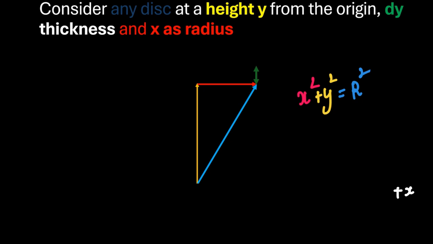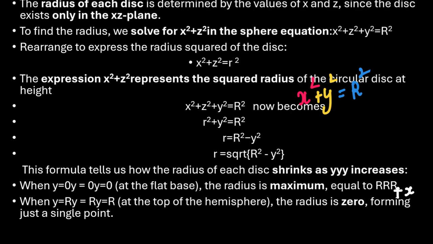The more mathematical way would be coming to the equation like this. The equation of the sphere will be x square plus z square plus y square is equal to r square, which is actually an extrapolation of the equation of a circle, x square plus y square is equal to r square in 2D, to 3D with another coordinate z, right?